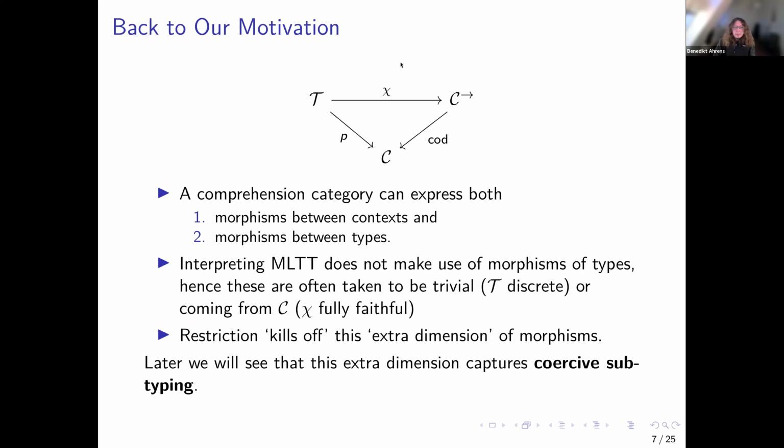When we interpret Martin-Löf type theory in such a comprehension category, we do not make use of the morphisms in T. And this is why very often the morphisms in T are taken to be trivial. That means that T is assumed to be discrete. Or the morphisms in T are assumed to be coming from the category C, meaning that this functor χ is fully faithful. So morphisms in T are trivial in some sense, not of interest.